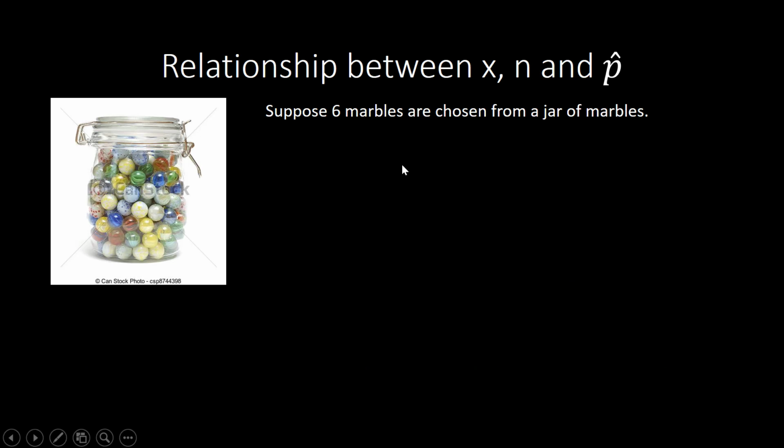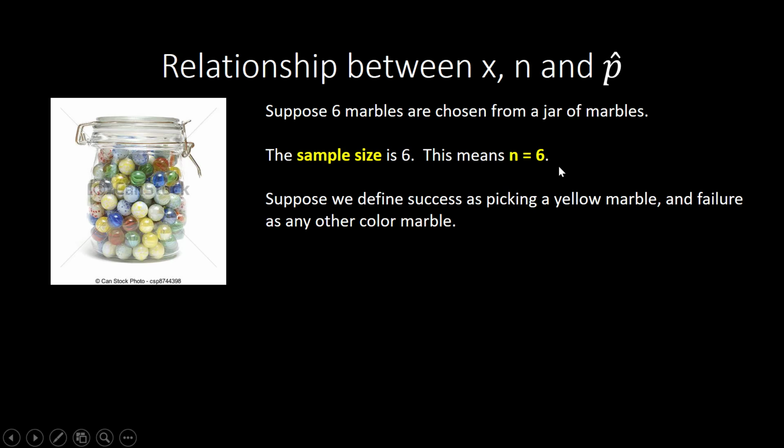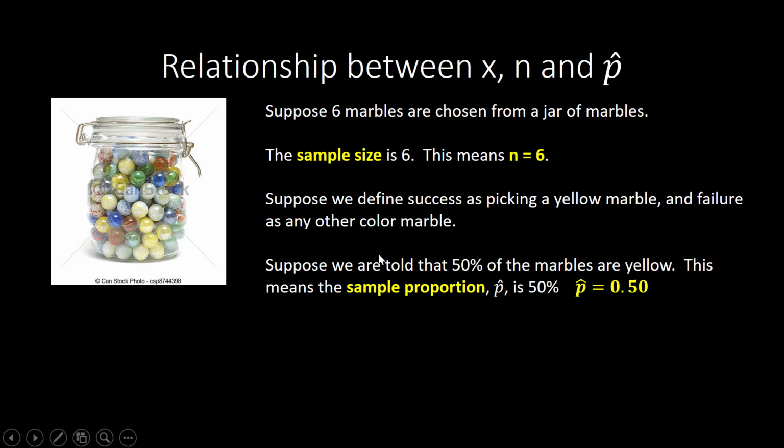Let's look at a similar example in which we're given slightly different pieces of information. Suppose 6 marbles are chosen from a jar of marbles, so this time our sample size is 6, or n equals 6. Again, we'll define success as picking a yellow marble and failure as any other color. This time, we're not given the number of successes.